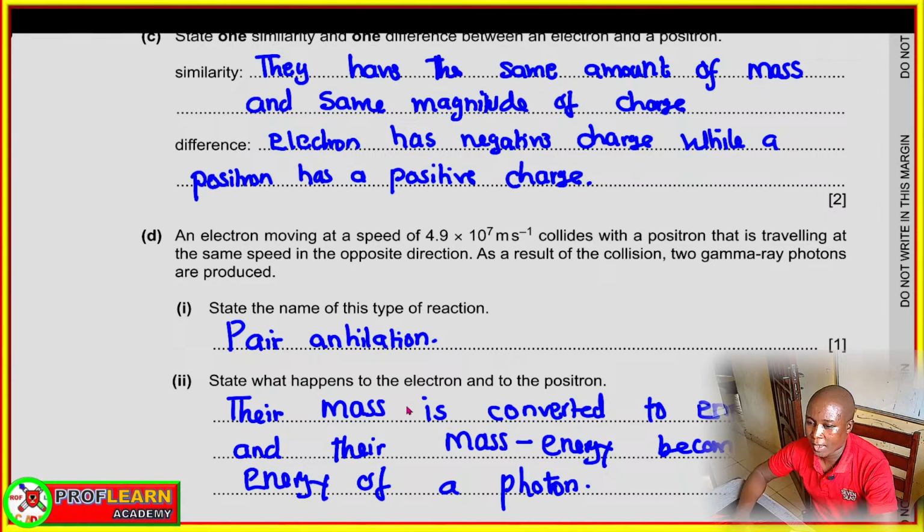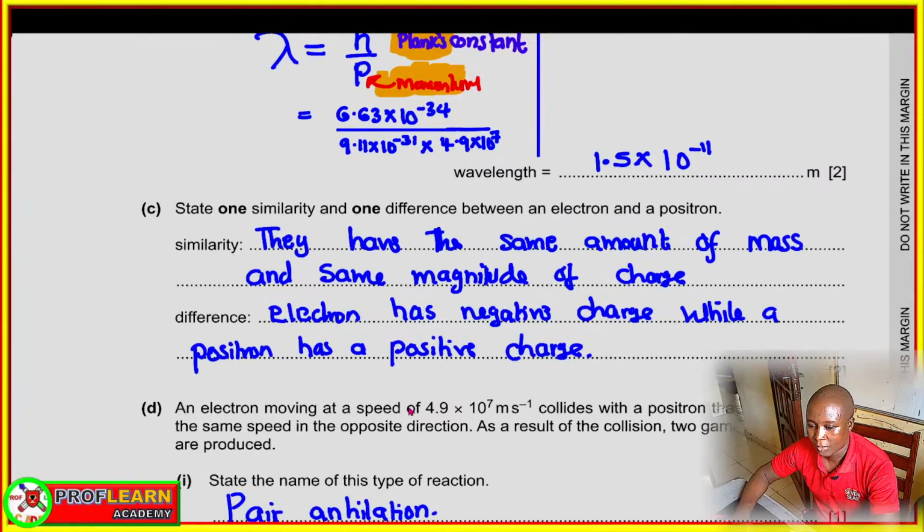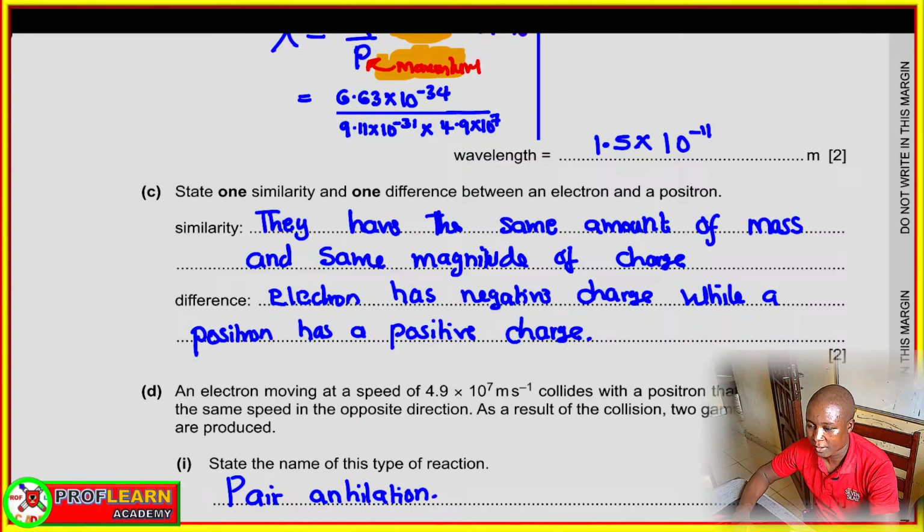Another question that was asked was to state a similarity between an electron and a positron. Remember, a positron is the antiparticle of an electron.